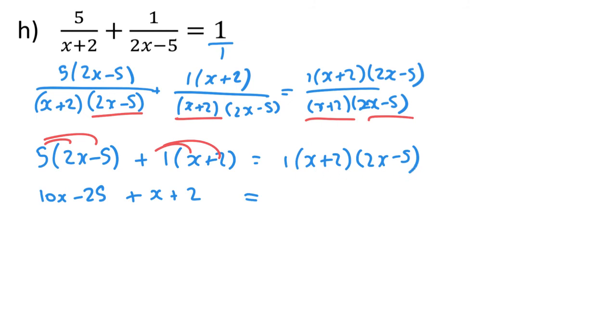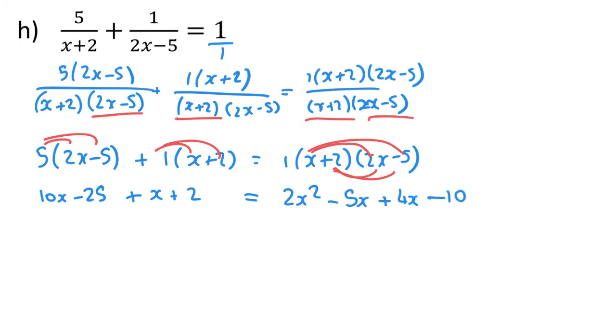So 1 times the double bracket is just going to leave the double bracket, but if we expand that out, we're going to have x times 2x, which is 2x squared, and then x times minus 5 is minus 5x, 2 times 2x is plus 4x, and then 2 times minus 5 is minus 10.